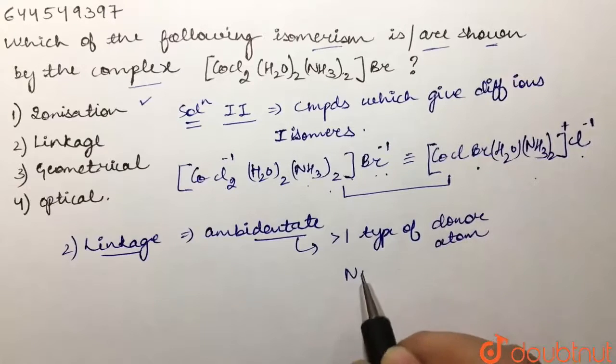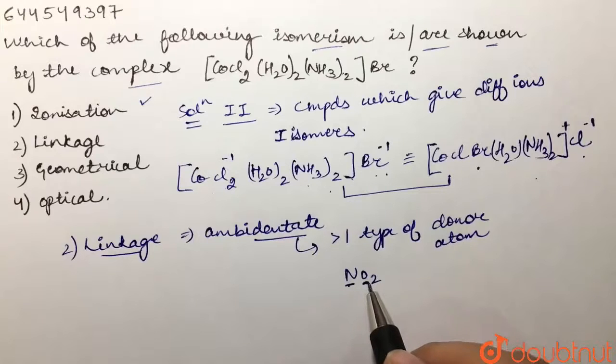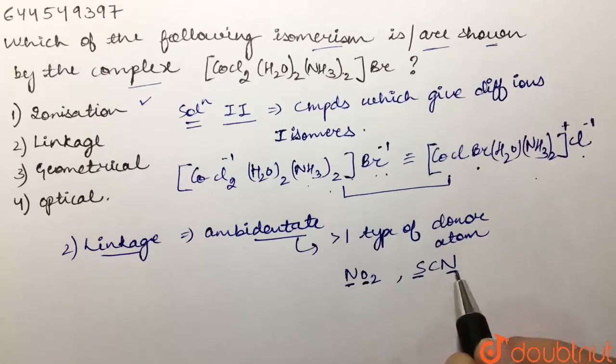For example, in case of NO2, nitrogen can attach to the metal and provide electrons, and oxygen can also attach to the metal and provide electrons. So the donor atom can be either nitrogen or oxygen. Because we have more than one type of donor atom, this is an ambidentate ligand. Similarly, SCN, where sulfur and nitrogen are the two different types of donor atoms.